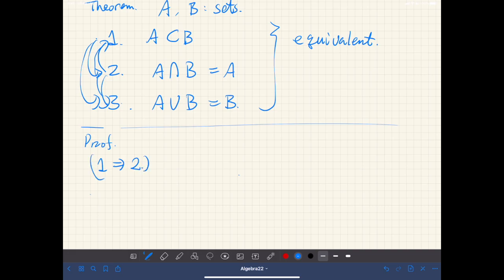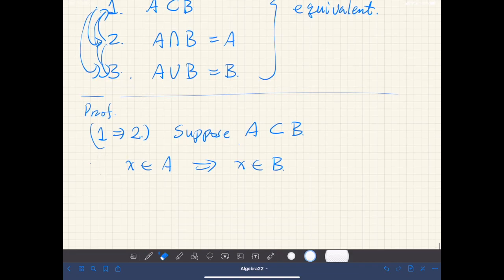To do so, let's first suppose A is a subset of B. This means if X is an element of A, then X is an element of B, because that's the definition of a subset.